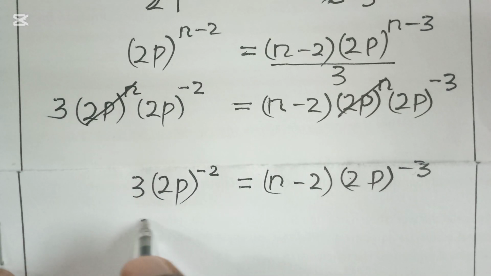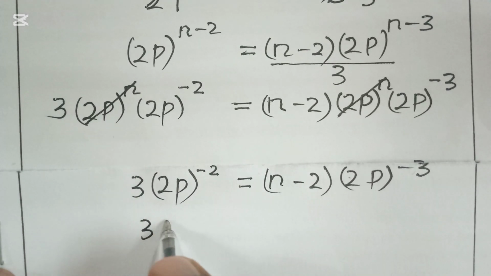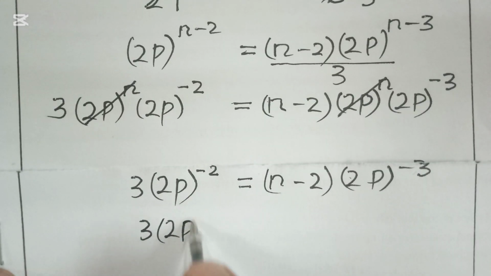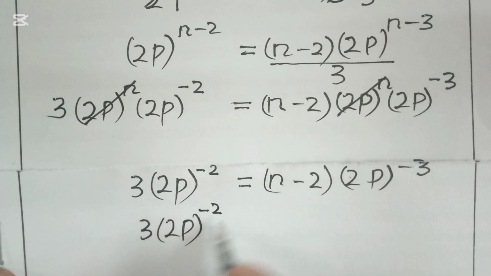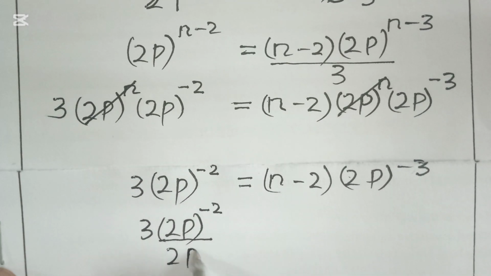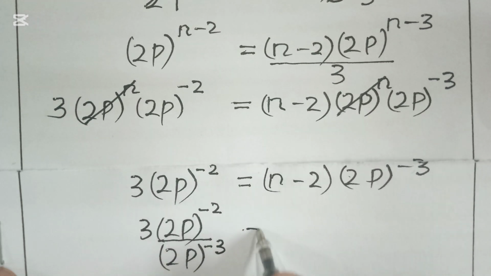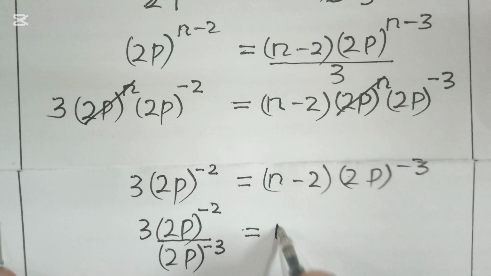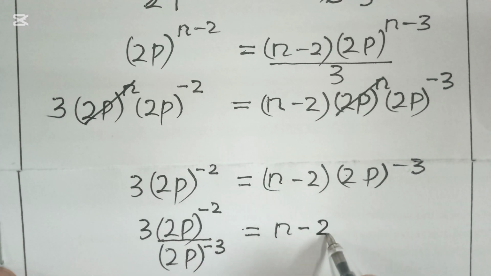So we shall have 3 times 2p raised to negative 2 all over 2p raised to negative 3, equal to n minus 2.